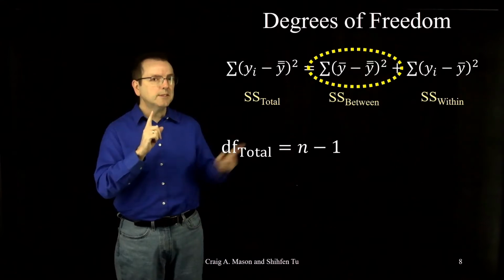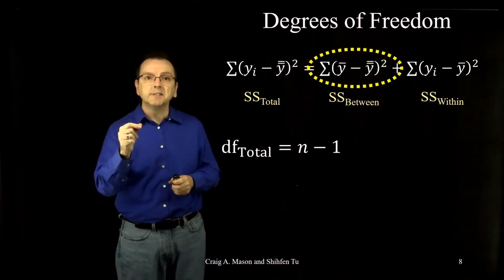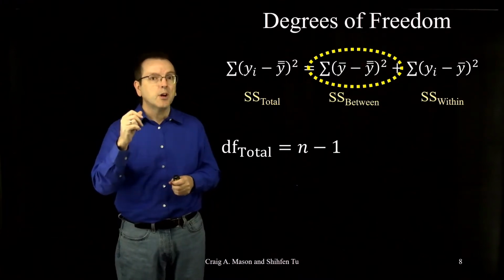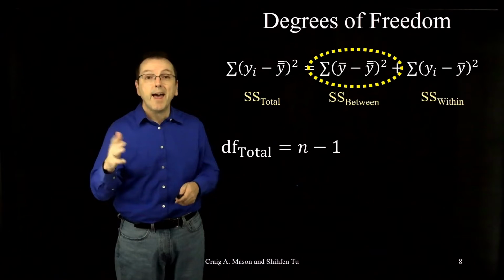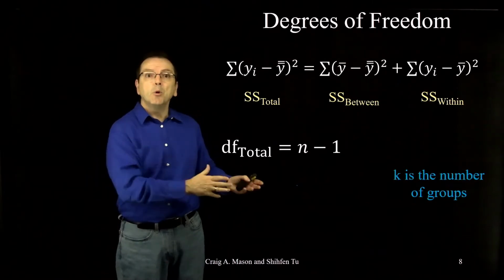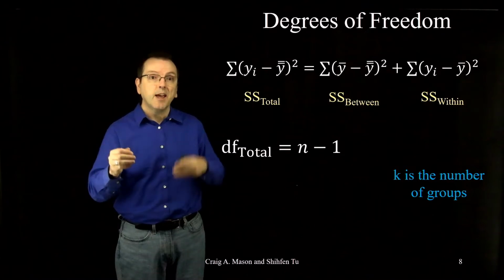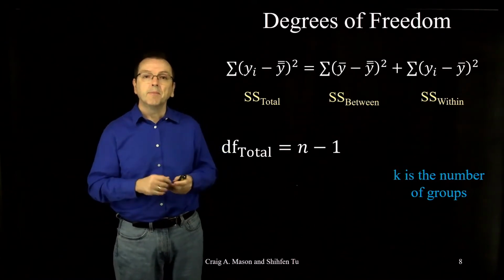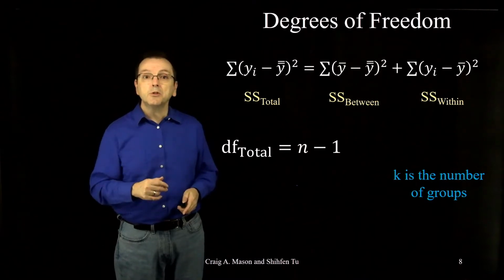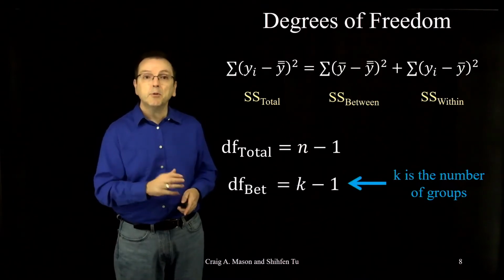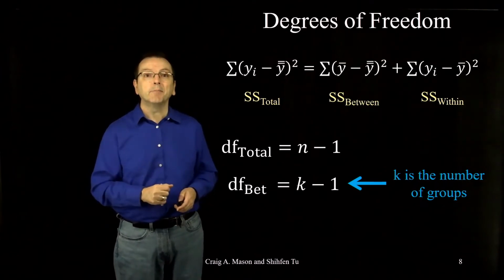But with the sum of squares between, we're looking at group means, not individuals. We have some number of groups, we'll call that K, and we're looking at the differences between those group means and the grand mean. So our degrees of freedom between is equal to the number of groups minus 1, or K minus 1.